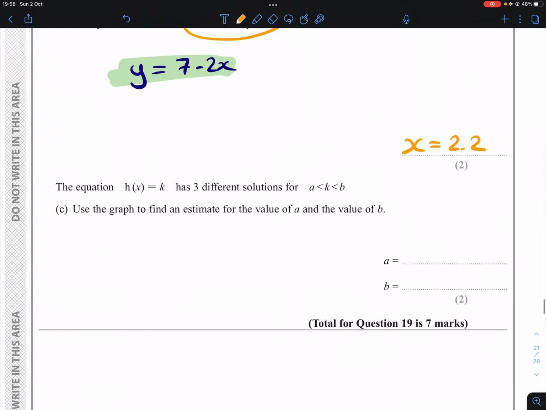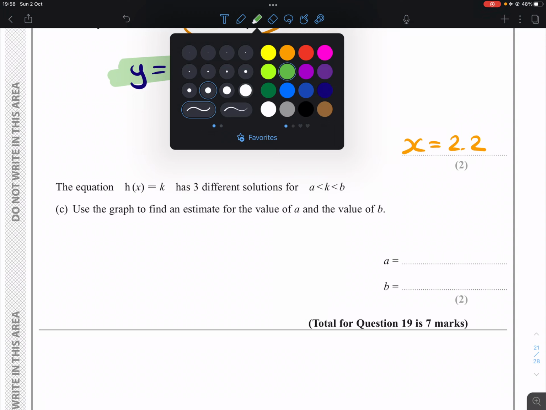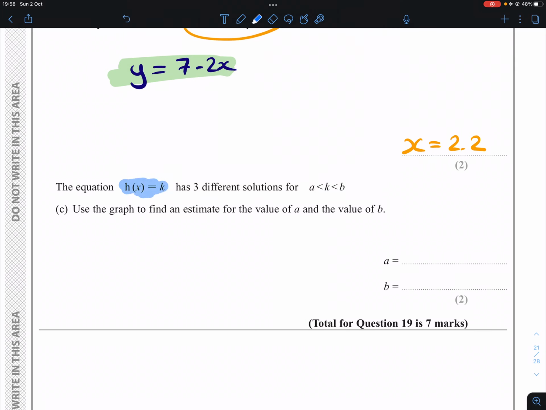Lastly, the equation h(x) equals k has 3 different solutions for a certain range of values of k between a and b. Use the graph to find an estimate for the value of a and the value of b.